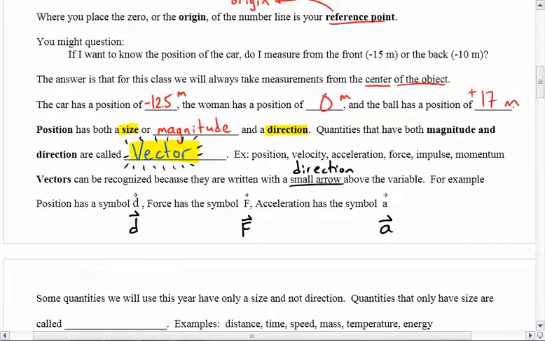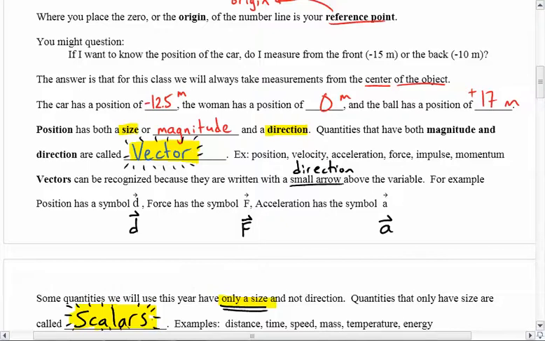On the second page, the other type of quantity has only size. Those are called scalars. Important idea number 2.